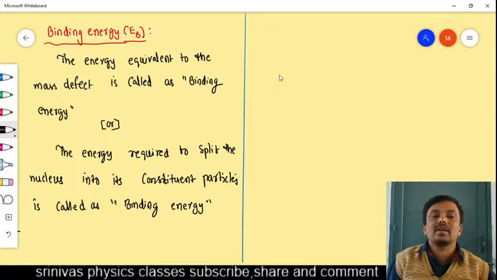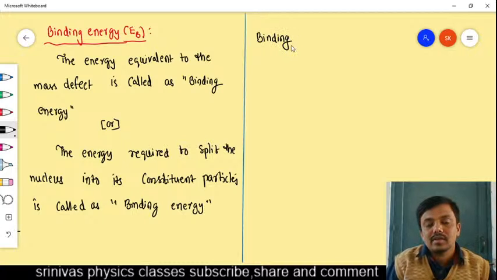What is the formula for the binding energy? I will give the formula for the binding energy and I will close. The relation between binding energy and mass defect we can write.